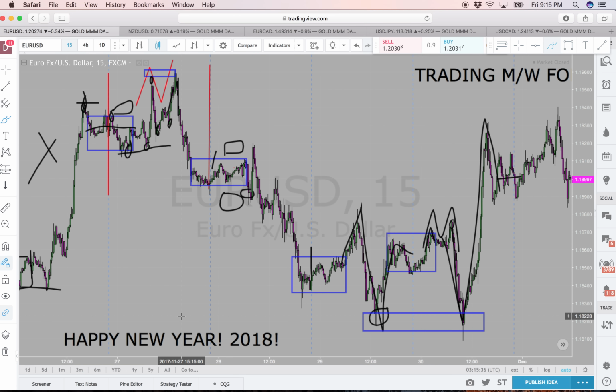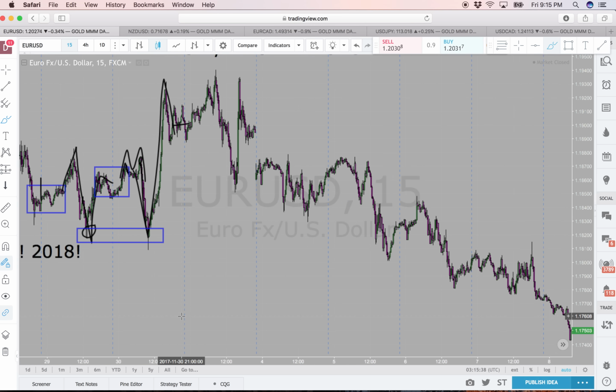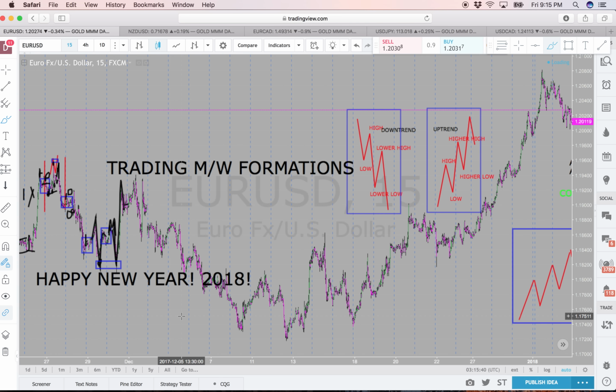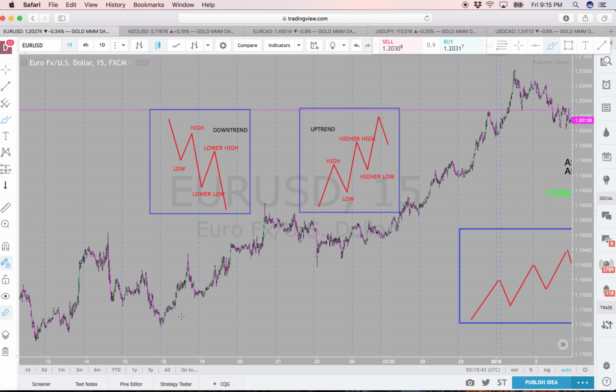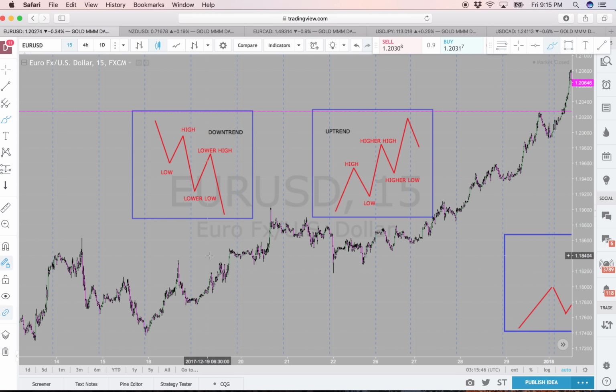Why is that? Might as well show you guys what I made here. The downtrend, we know, creates lower lows and lower highs.